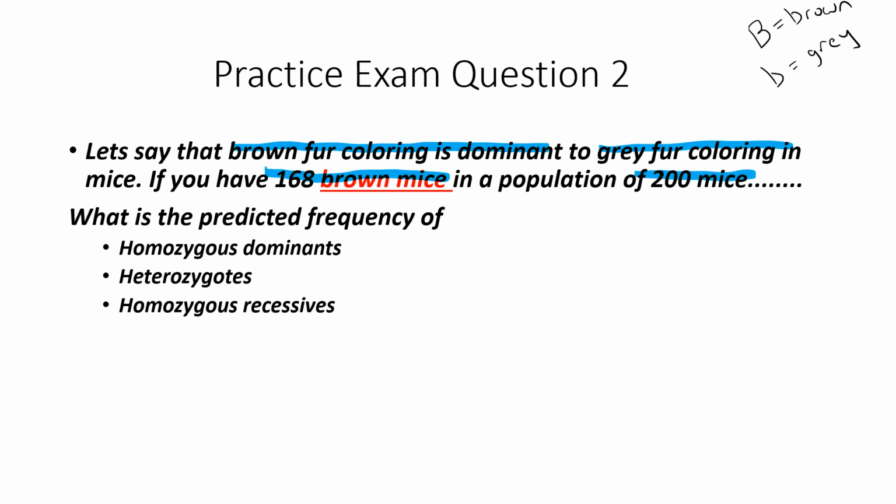So we get 168 from 200, which gives us 32. We then have to say, well, if I've got 32 out of the total population of 200, that means we have a value of q squared, and that q squared value is 0.16.